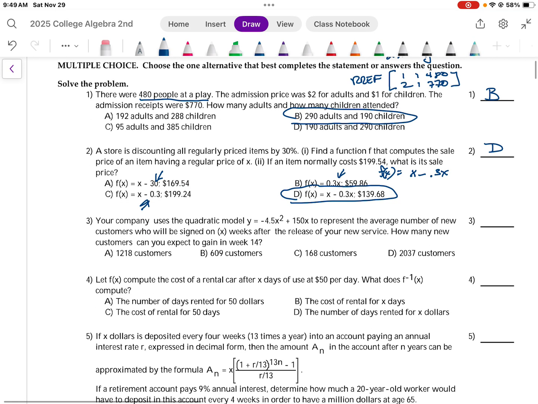Number 3, it says your company uses the quadratic formula to represent the average number of new customers that will be signed on X weeks after the release of your new service. How many new customers can you expect to gain in week 14? This is just a straight plug it in and simplify. So y equals negative 4.5 times 14 squared plus 150 times 14.